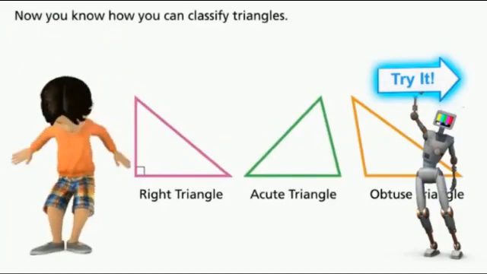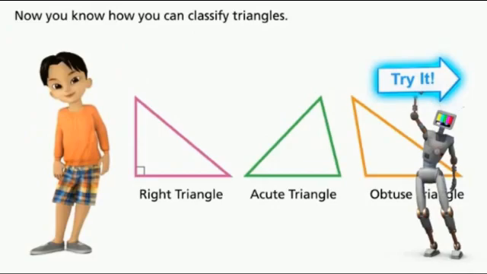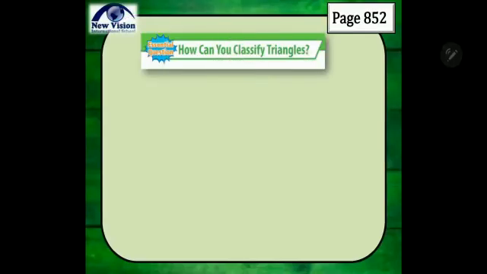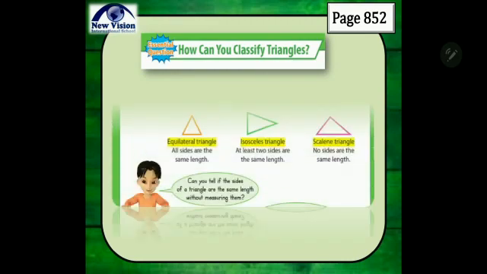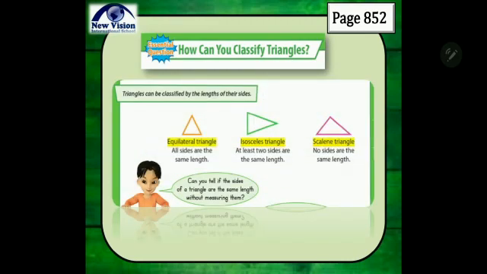Now you know how you can classify triangles. Now let us review the video answering the essential question, how can you classify triangles? So triangles can be classified by the lengths of their sides. So we have 3 types. First, we have equilateral triangle.